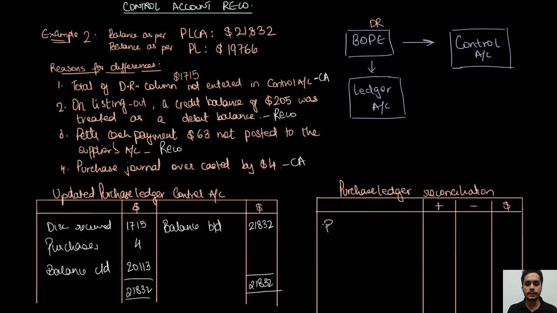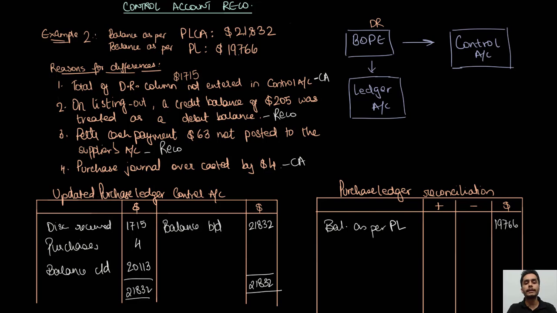Moving on to our reconciliation. Our previous balance as per the purchase ledger, that is given in the question, 19,766. We need to start with that balance and adjust the errors that were done in the creditors accounts. Second one, a credit balance of 205 was treated as a debit balance. Something that should have been treated as credit, should have been added to the list of balances, was actually treated as debit or deducted.